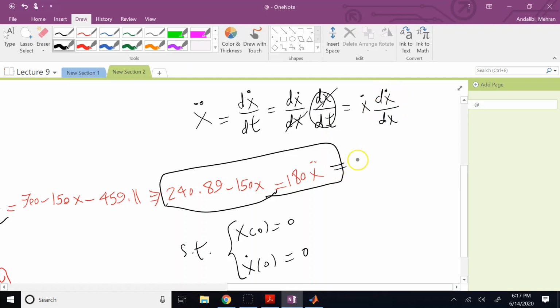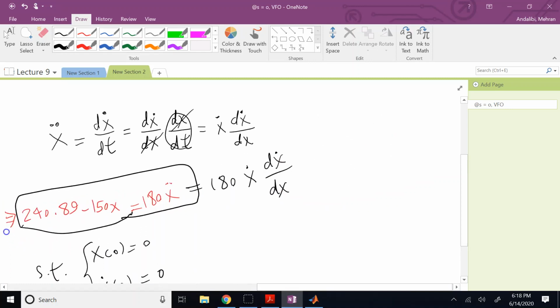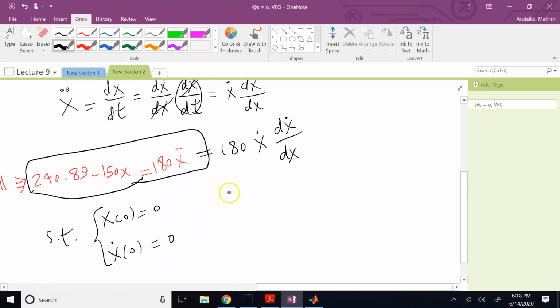So this is going to be equal to 180 x dot dx dot over dx, and you use this one. Now the first thing we do here is cross multiply both sides by dx.